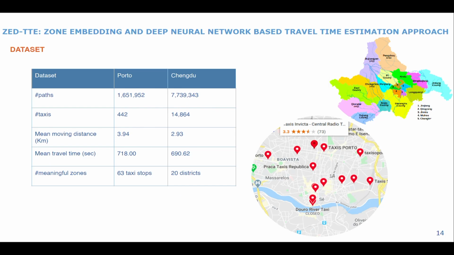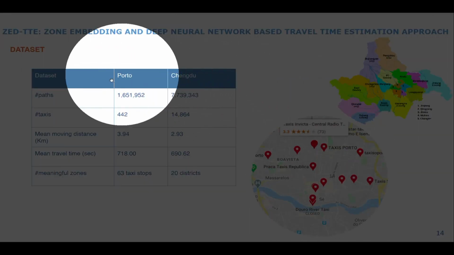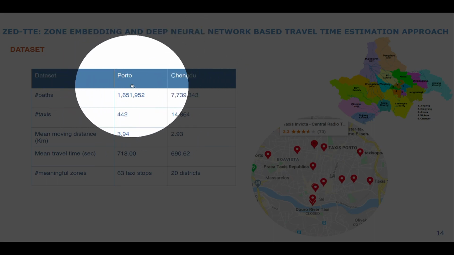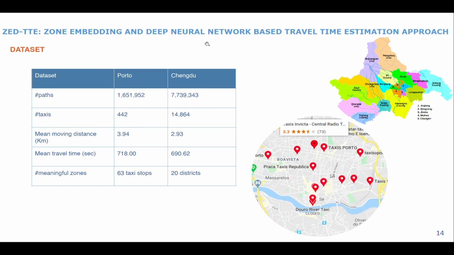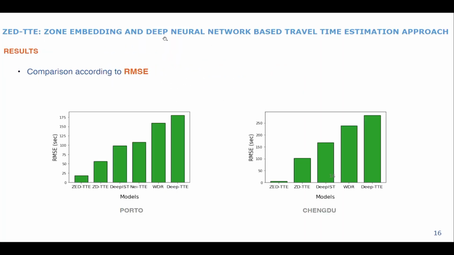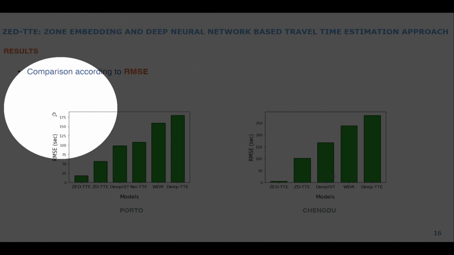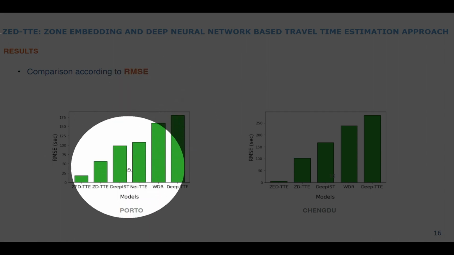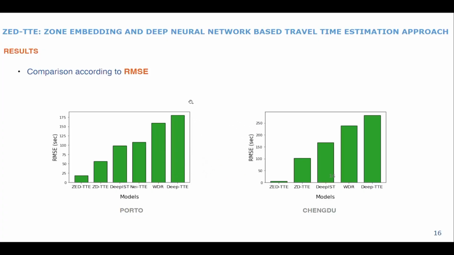So as I said, we use two commonly used data sets from the community, Tartu and Chengdu in China. We were not able to get the interest of Bolt to share data for Bolt, unfortunately. And we use the evaluation metrics. So what you notice in terms of our MCE is that our approach is providing the lowest error for both data sets.